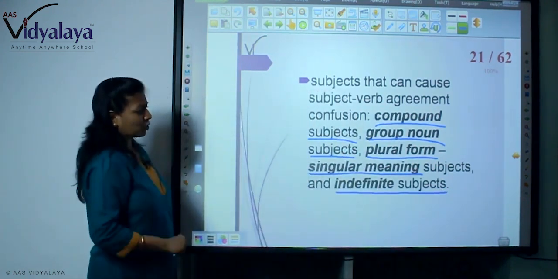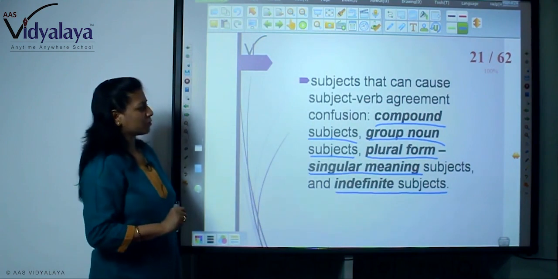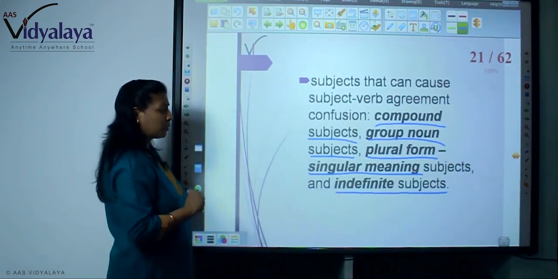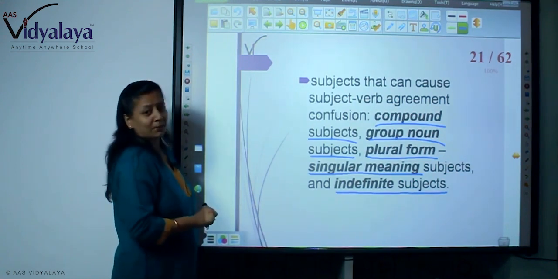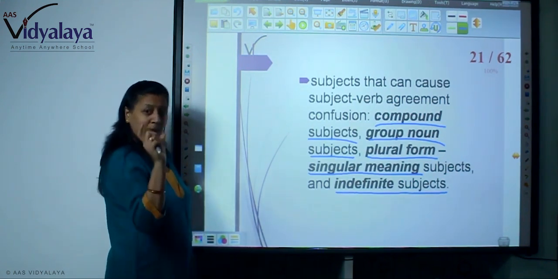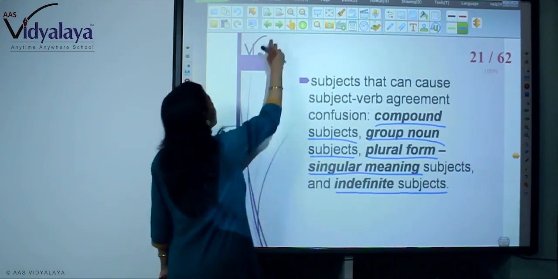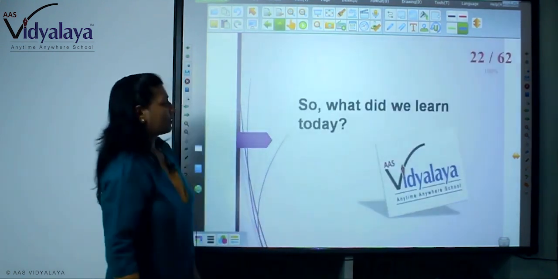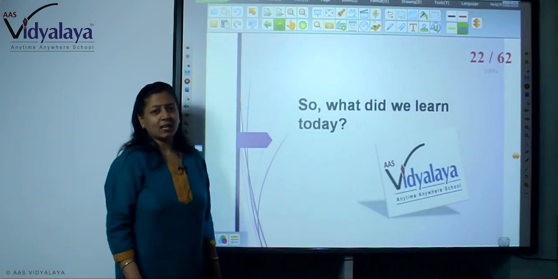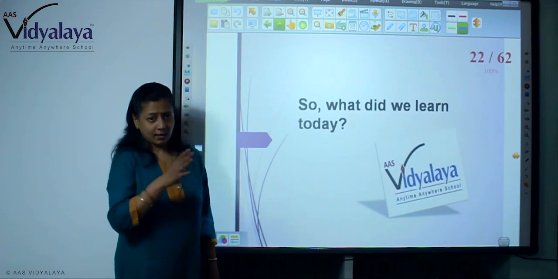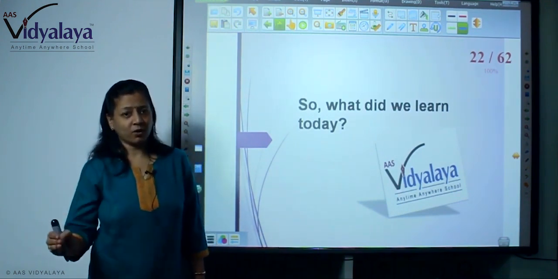These are the four things that create confusion. Though the form is plural, the meaning is singular. And indefinite subjects always create confusion.